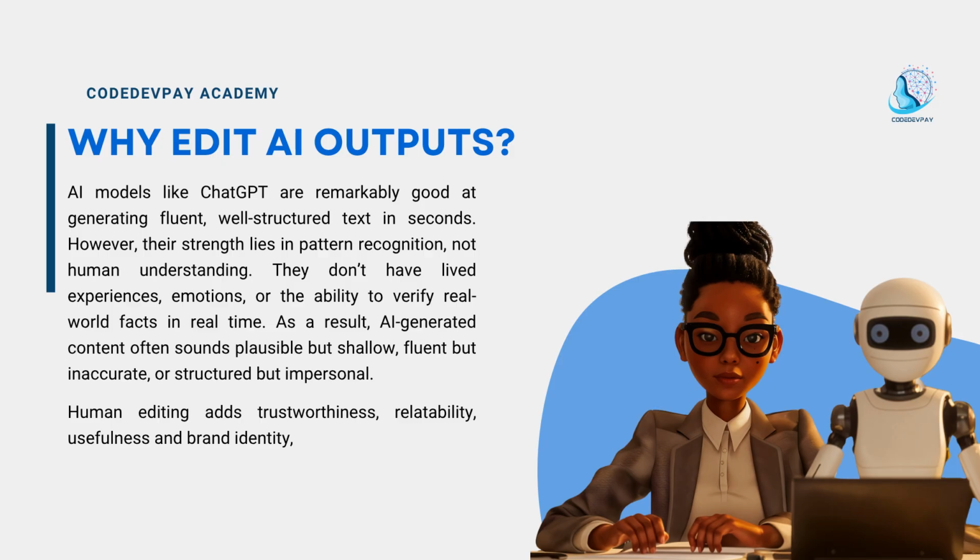AI models don't have lived experiences, emotions, or the ability to verify real world facts in real time. So, as a result, AI generated content often sounds plausible but shallow, fluent but inaccurate, or structured but impersonal.